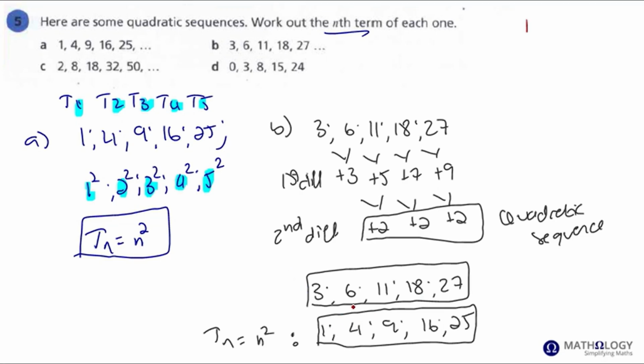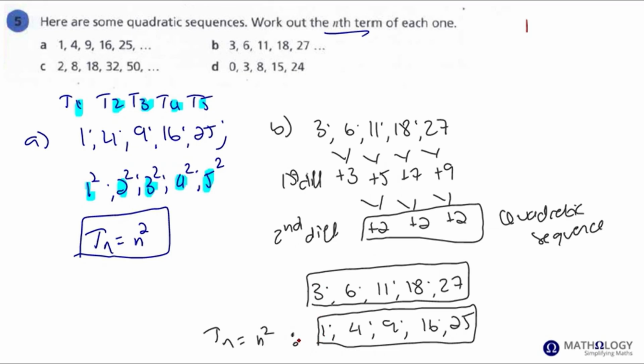We now need to compare the second sequence with the first sequence. The first sequence is a sequence of the square natural numbers. So the general term for the first sequence, 1, 4, 9, 16, 25, the square numbers, is n squared. Tn equals n squared.